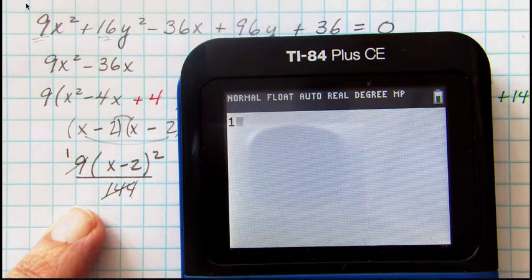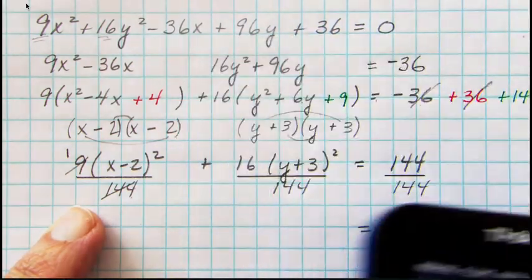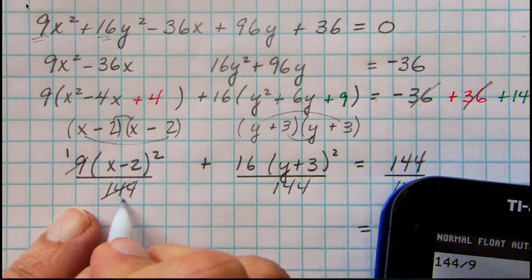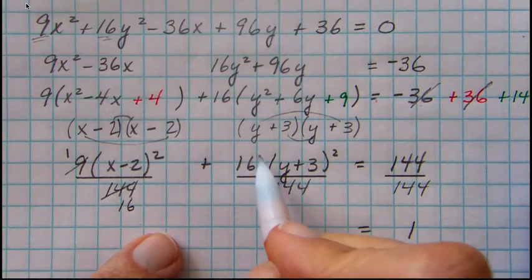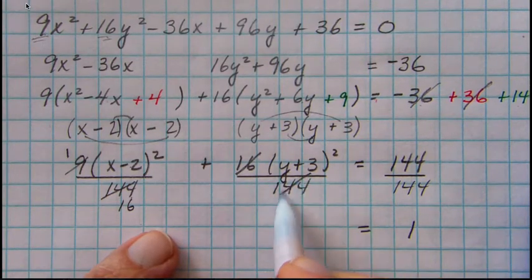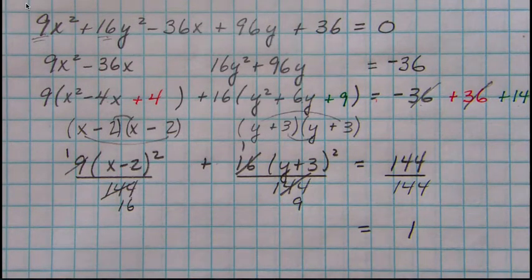Let's see, 144 divided by 9 is 16. So that makes a 16 right there. And then of course, if I divide 16 out of each, I've got 1, and then this would end up being a 9. So it's almost like the 16 and the 9 switched places.